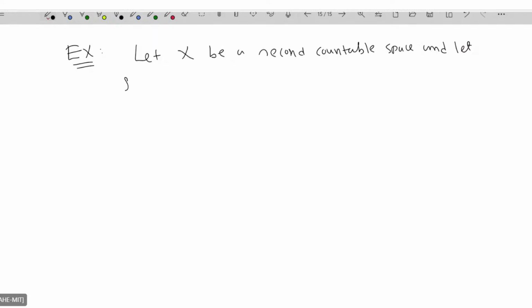So let's say we have this example. X is a second countable space. Let X be a second countable space and let {B_n} be a countable basis.